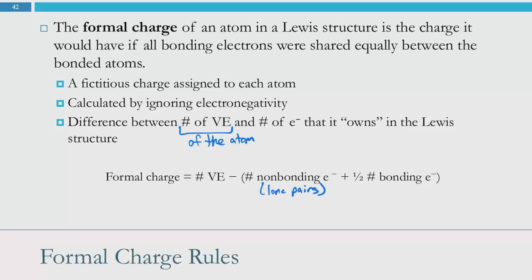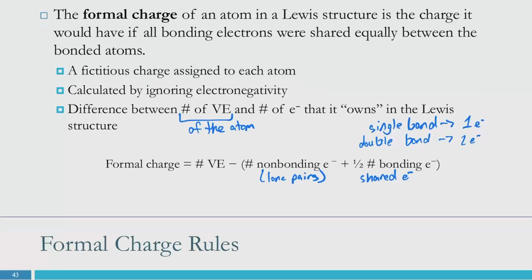We can also have a single lone electron, but generally lone pairs, plus 1/2 of the number of bonding electrons, the shared electrons. So a single bond gives 1 electron, and a double bond gives 2 electrons.